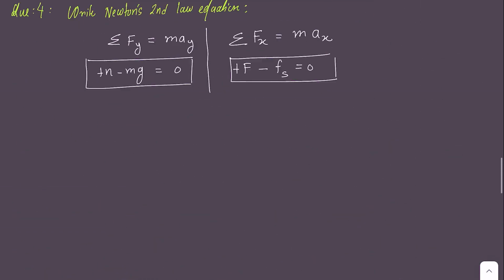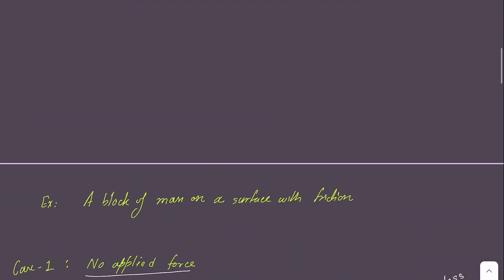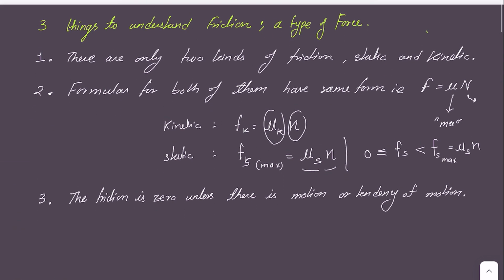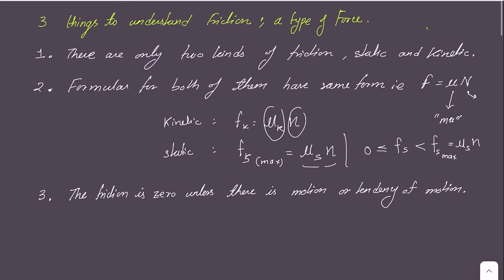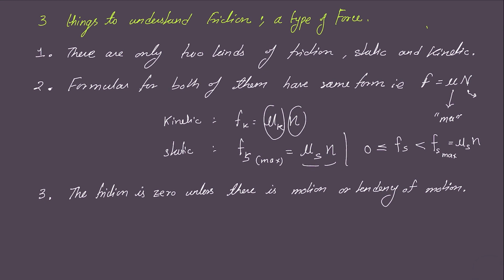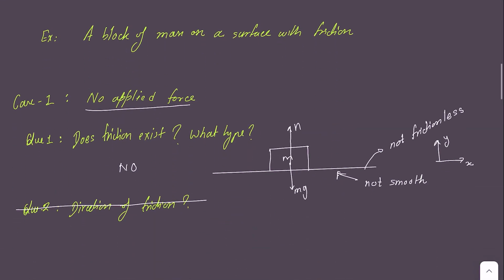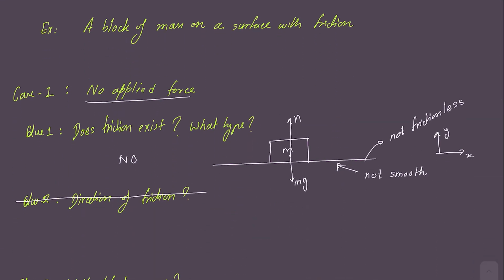So here we saw, first of all, we started with these 3 points to understand basic things about friction. Then we saw this case, in the context of this mass being on a table which is not smooth.